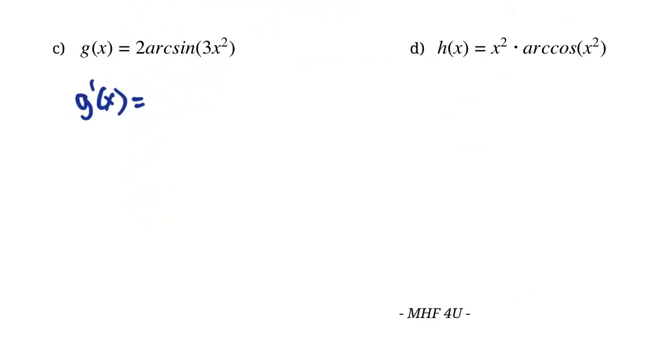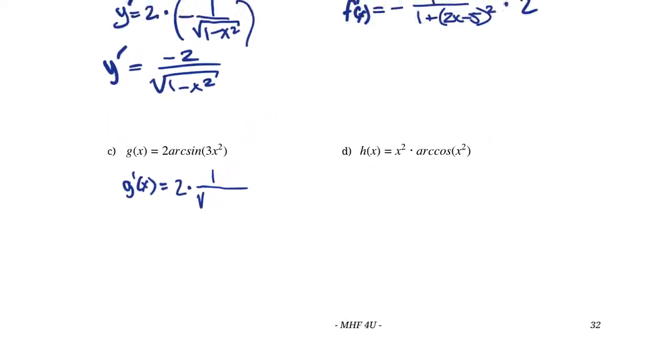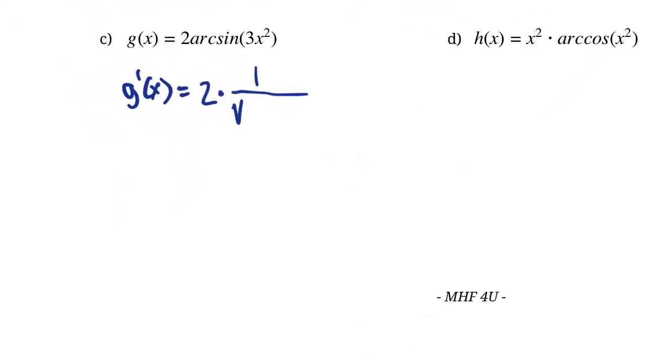G prime of x. So we're going to pull that 2 out of the derivative and then take the derivative of the outside function, which is arc sine. The derivative of arc sine is the positive one, right? 1 over the square root of, I just need to double check. 1 minus x squared. Nothing wrong with double checking. 1 minus x squared. Oh, but it's not x squared. Because what the x is, it's not actually an x.